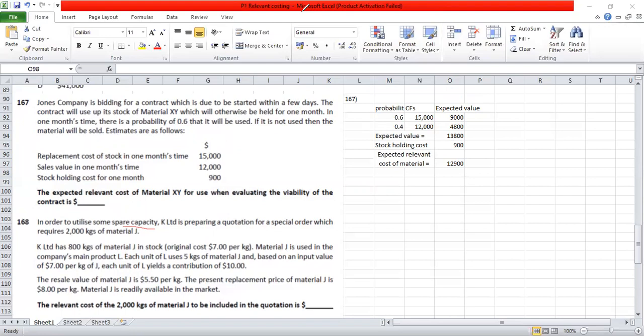The resale value of material J is 5.50 per kg. The present replacement price of material J is 8 per kg. Material J is readily available in the market. The relevant cost of 2000 kgs of material J to be included in the quotation.